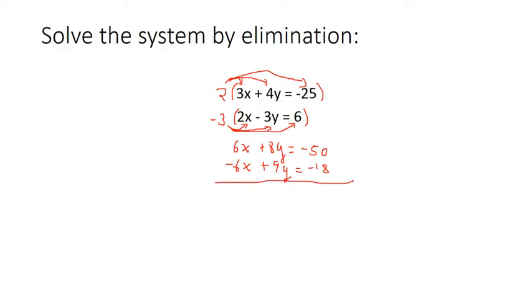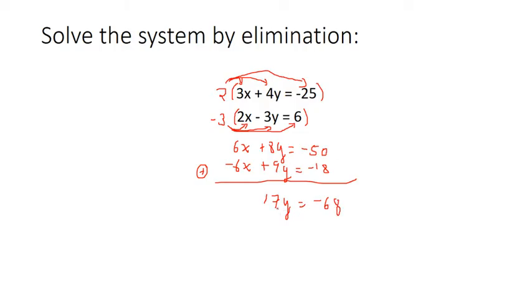If I'm going to add these two equations together, the x is going to go away. So I have 9 plus 8 is going to give you 17y. And this is equal to negative 68.